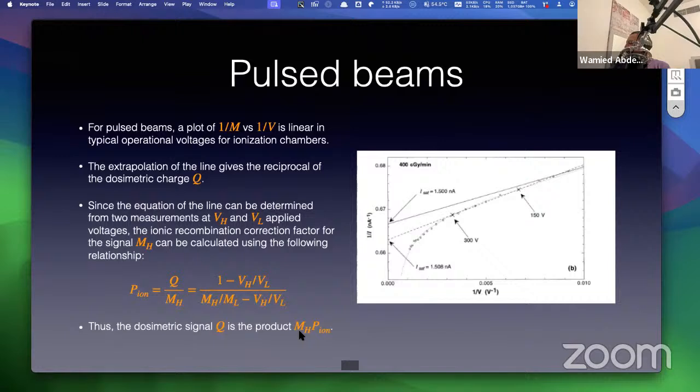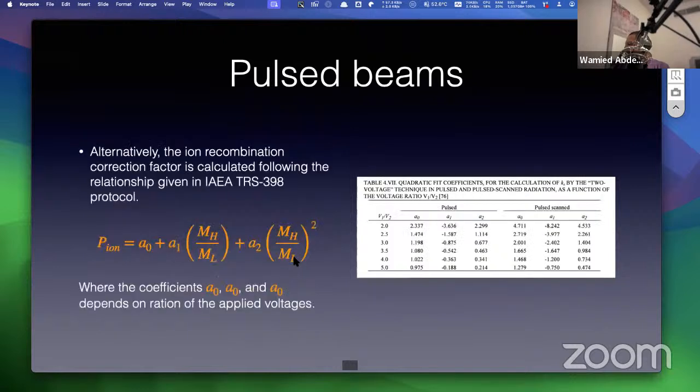So again, the signal obtained at high voltage multiplied by this correction factor P ion will give us the dosimetric signal. So it's up to you. Either you can use this line and extrapolate and get the signal here. That is your dosimetric signal. Or what you can do is get a correction factor that you need to apply to the signal measured at the high voltage.